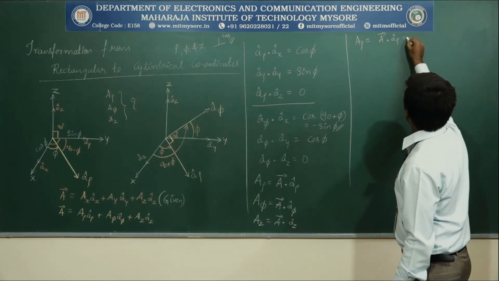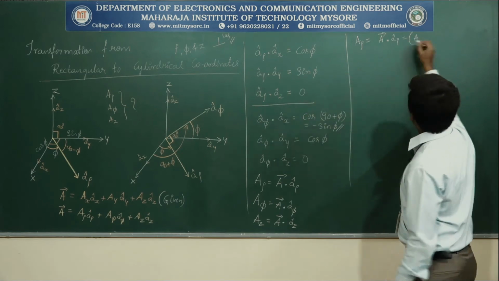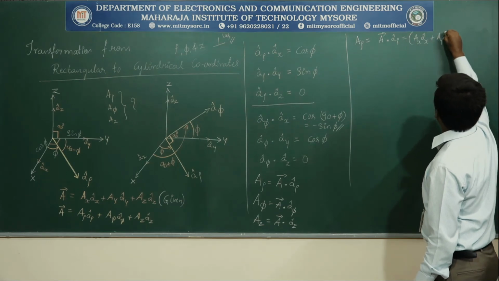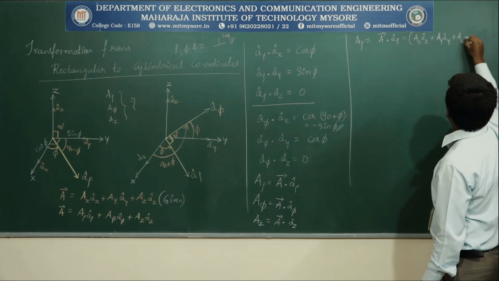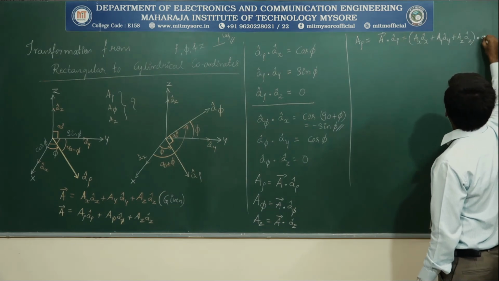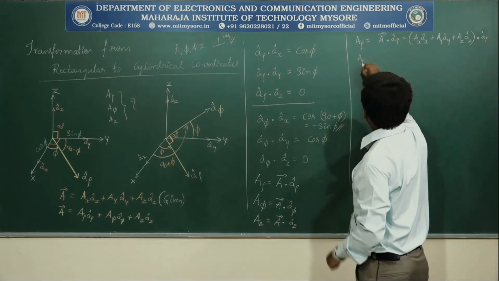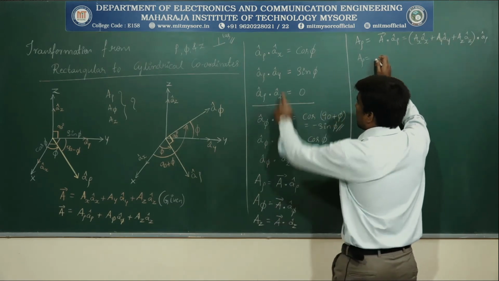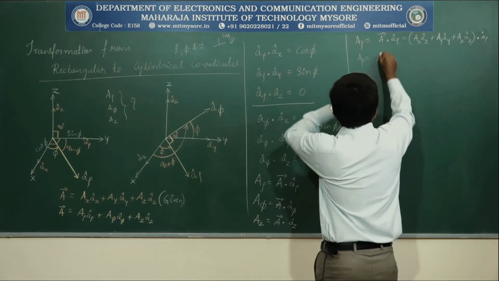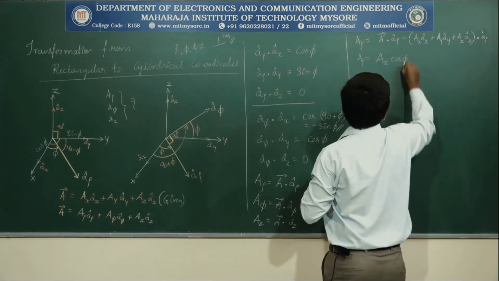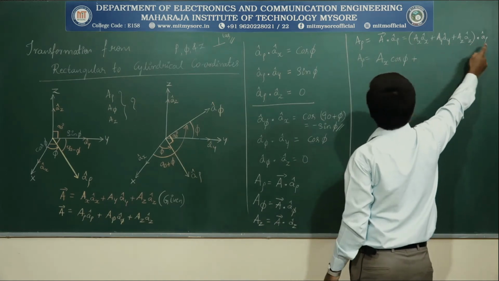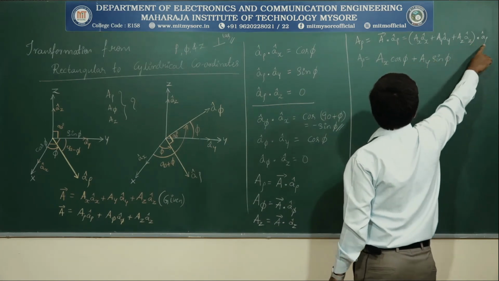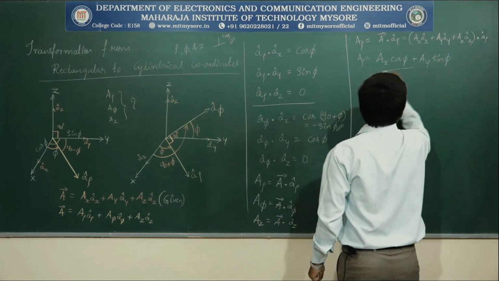This can be represented as Ax A cap x plus Ay A cap y plus Az A cap z, dot A cap rho. So the resultant is, see, Ax dot A cap rho is cos phi, that is Ax cos phi, plus Ay dot A cap rho is sin phi, Ay sin phi, and Az dot A cap rho is 0, just leave it.